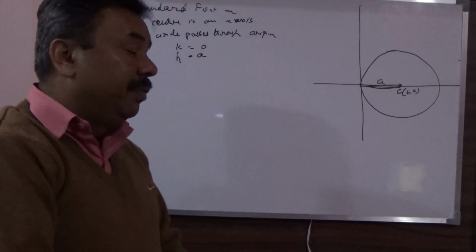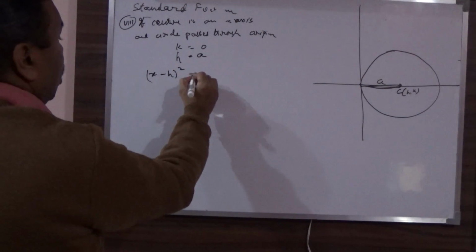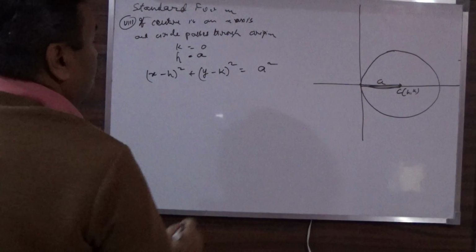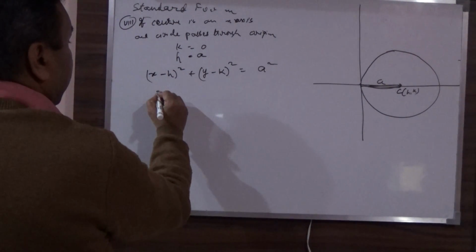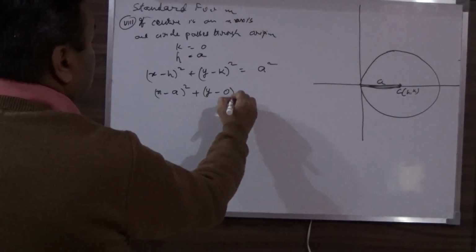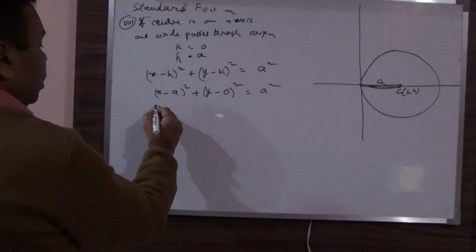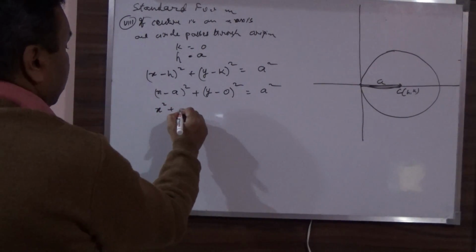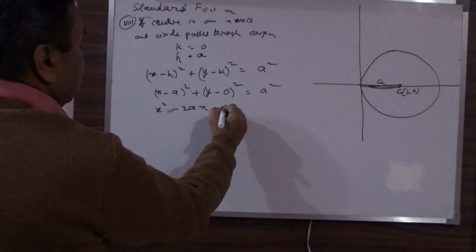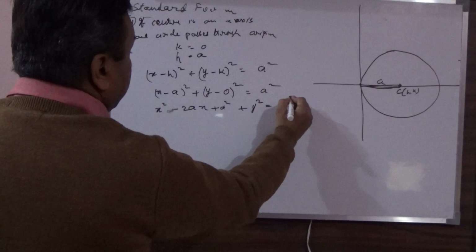Now I will use the same formula, that is (x minus h) square plus (y minus k) square is equal to a square, or I will say (x minus a) square plus (y minus 0) square is equal to a square. Expanded, what you get: x square minus 2ax plus a square plus y square is equal to a square.